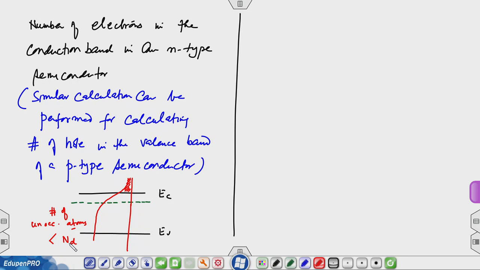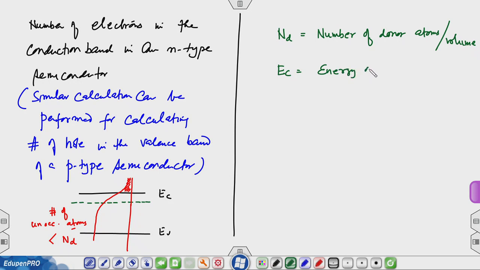So, let us give some nomenclature here. N d is equal to the number of donor atoms per unit volume. The energy E c is the energy of the conduction band. E c minus E d is the energy of the donor levels.